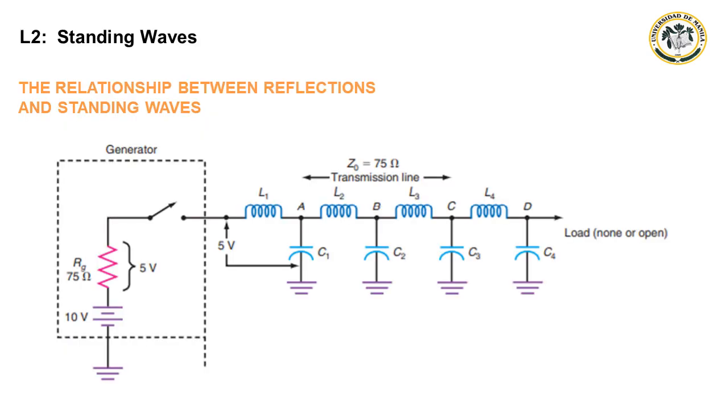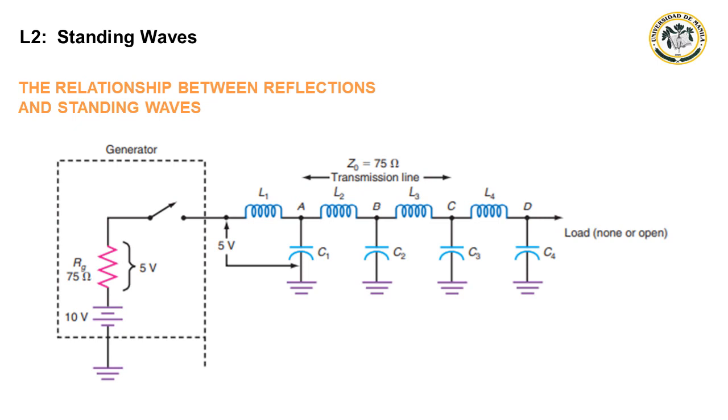This next figure will be used to illustrate how reflections are generated and how they contribute to the formation of standing waves. It shows how a DC pulse propagates along a transmission line made up of identical LC sections. A battery is used as the input signal along with a switch to create an on or off DC pulse.